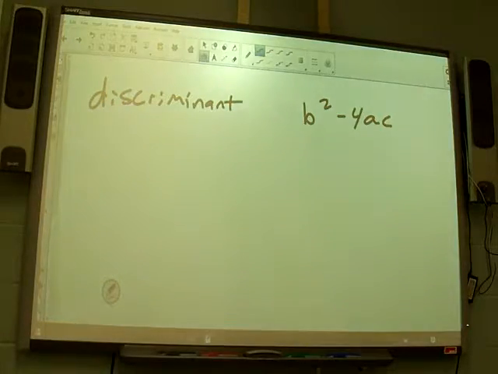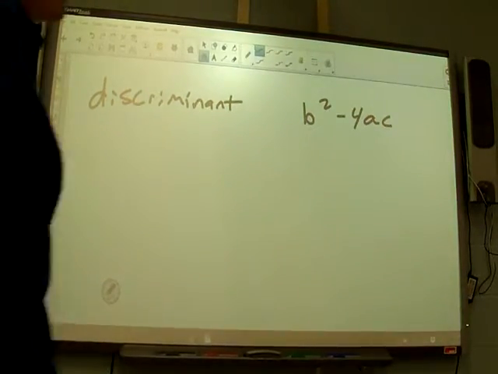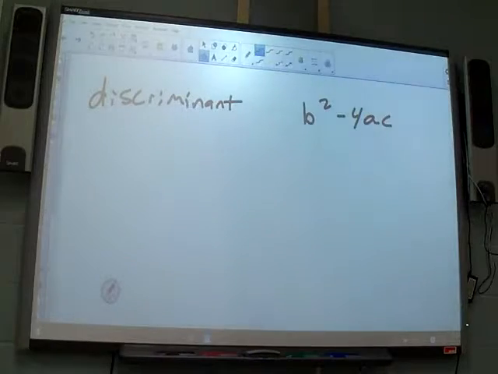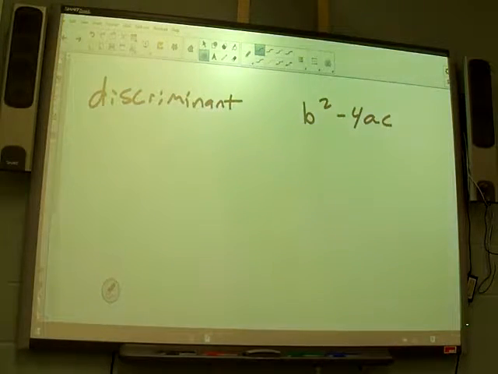Because like we just saw on that problem, it had one answer. So just a quick review, you already know this. It's possible to have one real answer and touch the x-axis once. It's possible to have two real answers. It's possible to have no real answers, which would mean imaginary answers, right? We've learned about imaginary numbers now.